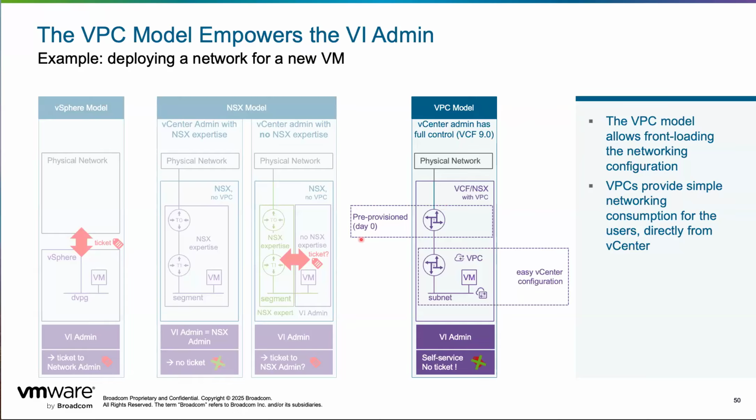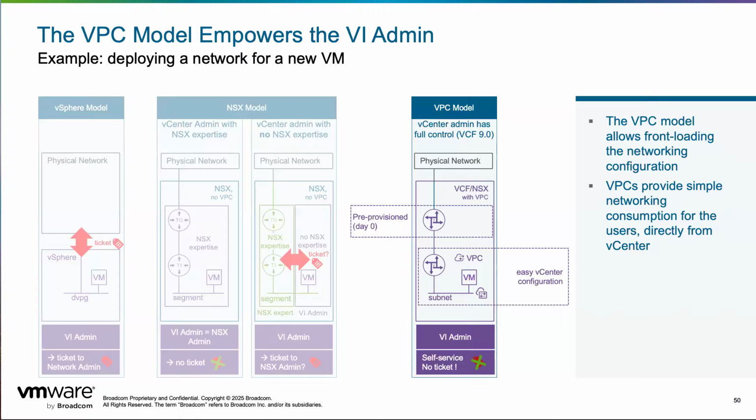Even better, the pre-configuration that is done, we've seen it also. It's not that complex, but not only is it easy, it's also something that you only need to do once in the beginning, at the moment when you deploy VCF. You deploy VCF, you enable VPC.